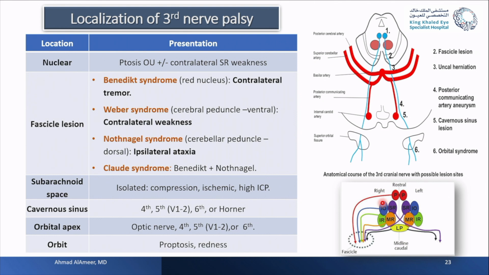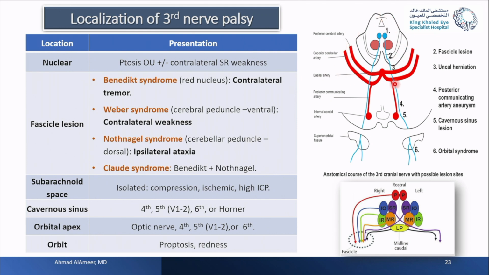Clear? Okay. If the patient has contralateral tremor or contralateral weakness or ipsilateral ataxia, what do you need to look at? The peduncle. Where is the peduncle? Here. Okay? Midbrain lesion.